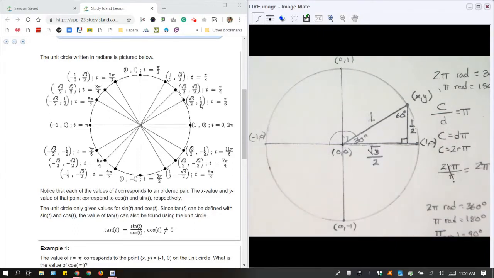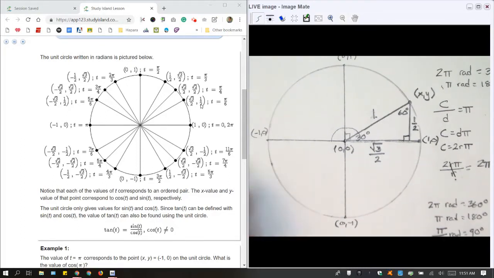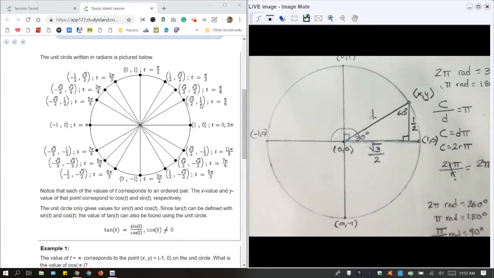Now, similarly, if I were going to do the exact same thing with a 45 degree triangle, I'm just going to draw this separately because it's getting a little messy here. A 45 degree triangle has its own special ratios.